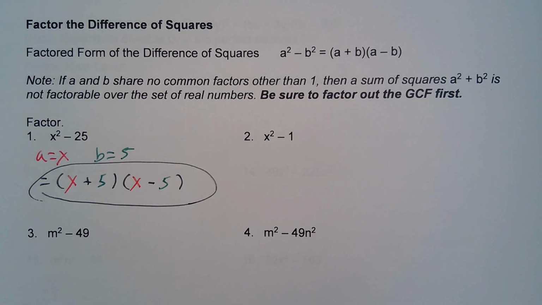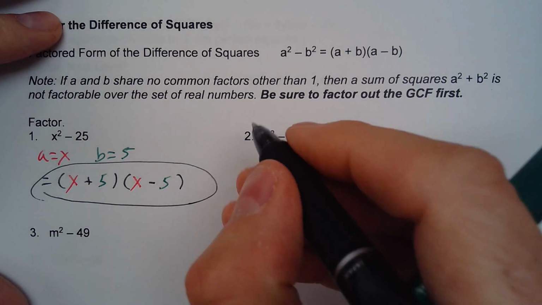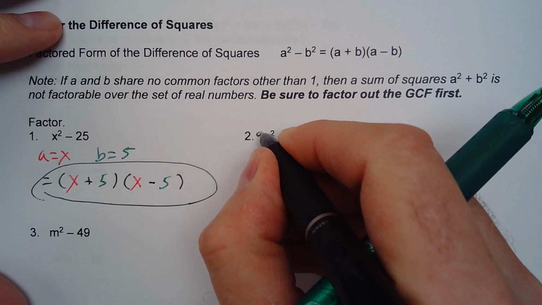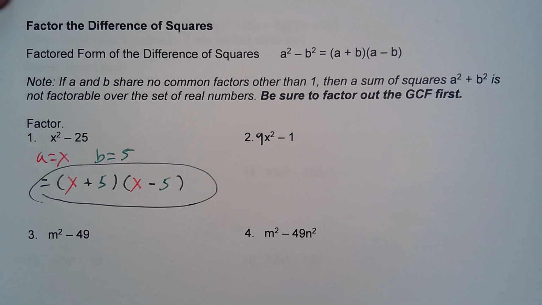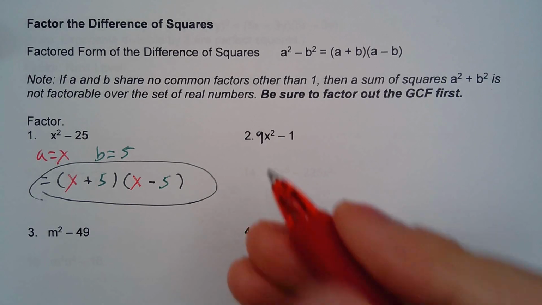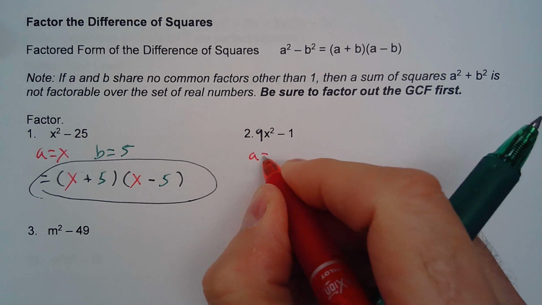Let's try this next one. And I'm going to change it a little bit. I'm going to make it a little bit more interesting. Let's make that a 9x squared. So I'm changing the problem, but you know me, that's what I do. So now a here would be, the square root of 9 is 3, so this would be a 3x.